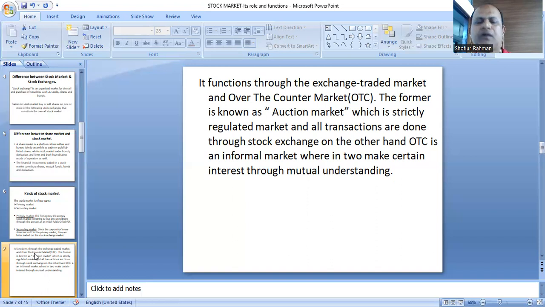And the other is over the counter, where the shares are given at the counter and people buy. The former is known as auction market, which is a strictly regulated market, and all transactions are done through stock exchange. On the other hand, OTC is an informal market where the two parties make certain interest through mutual understanding.